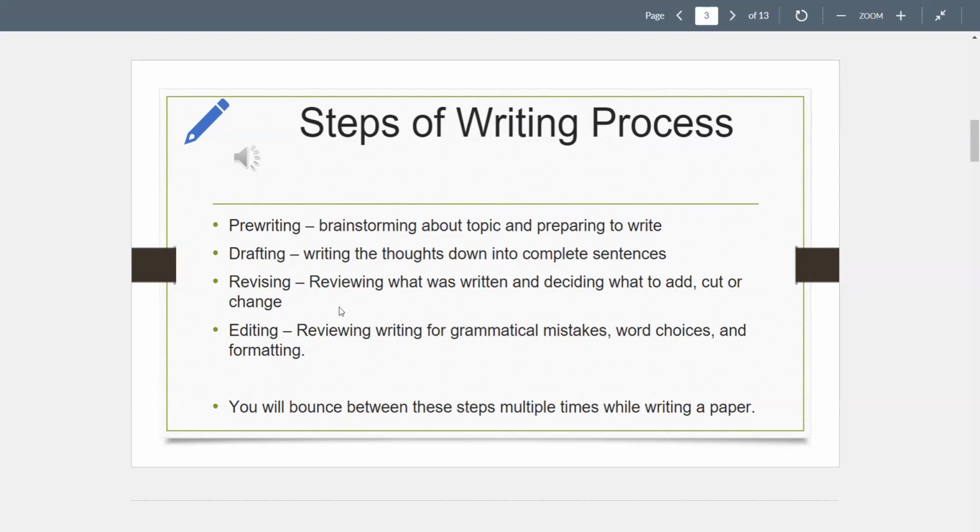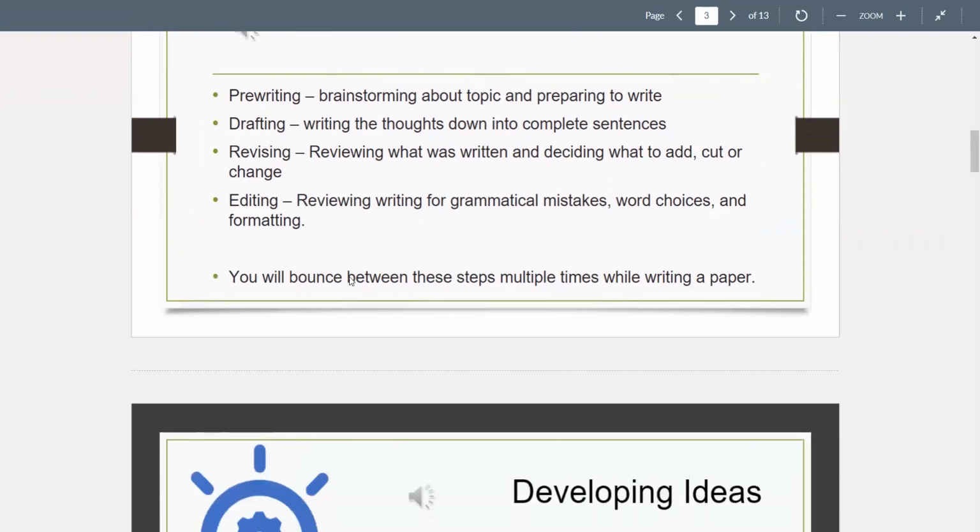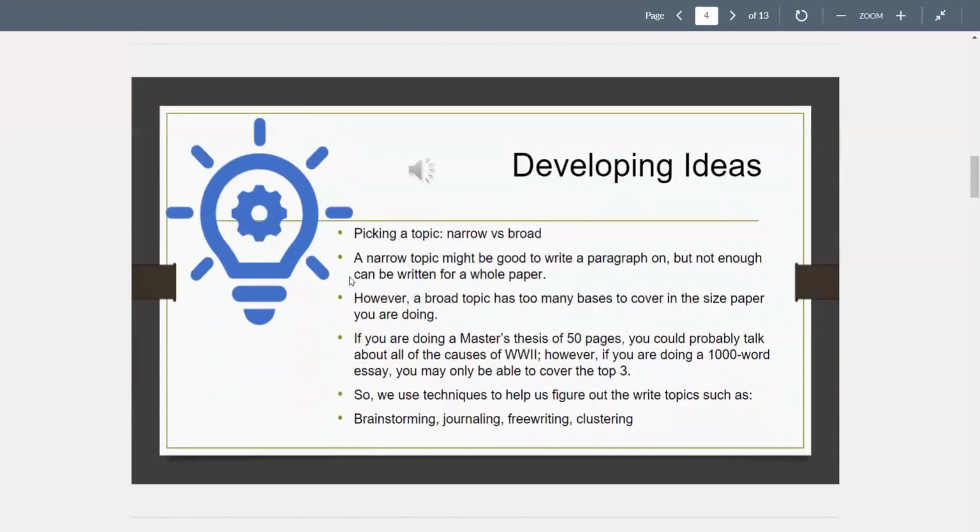The editing is where we review writing for grammatical mistakes, word choices, formatting issues, basically the little ideas. Now, editing is important because it can change the meaning of what we say, but it's not as important as, say, the revising stage, making sure everything's there, the meat of what we're trying to say, such as in revising and drafting.